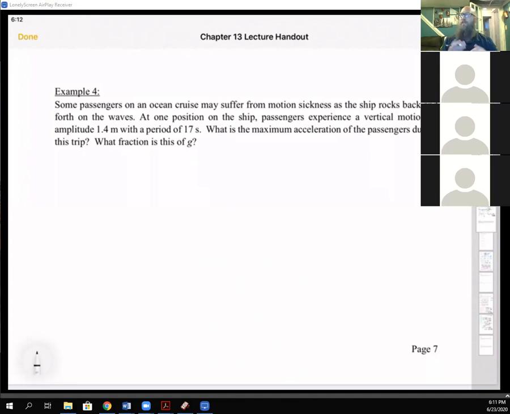So this would be a great way to quantify the likelihood of someone getting motion sickness, right? We're looking at maximum acceleration. So what is A max?